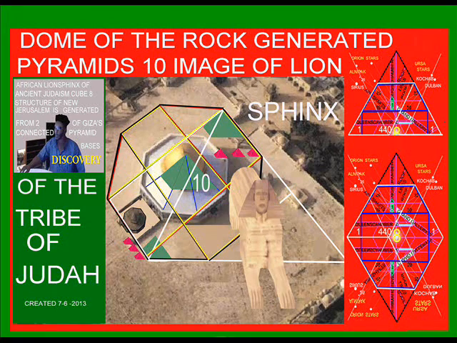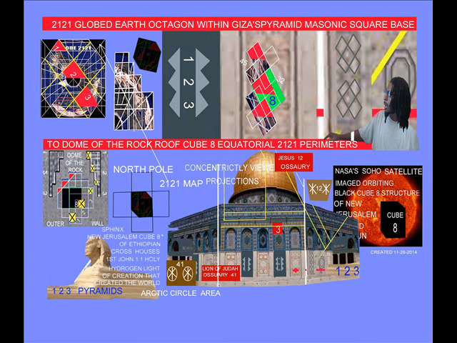Now, when we return back to Iran's Masonic Ziggurat square, we see ancient faces of African prophets and gray alien Elohim of the Jerusalem Temple Mount.